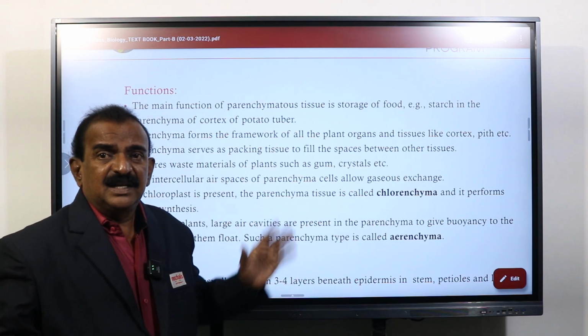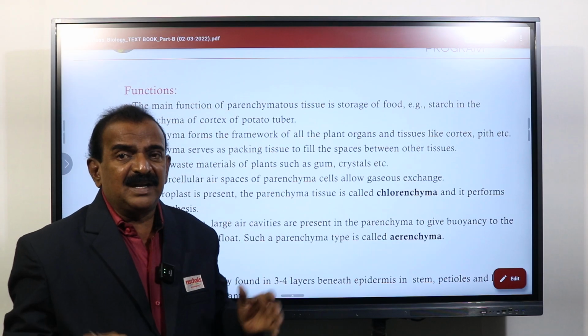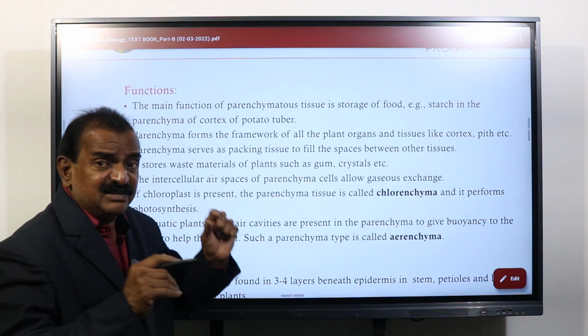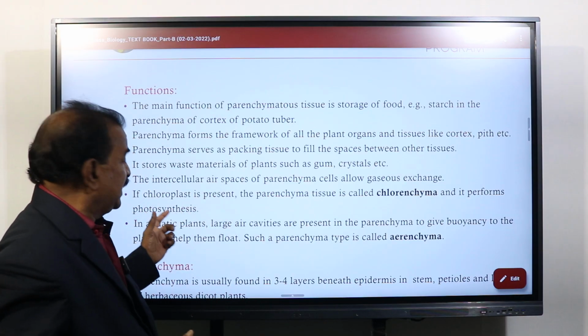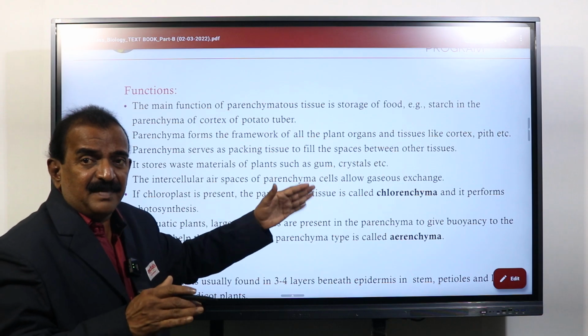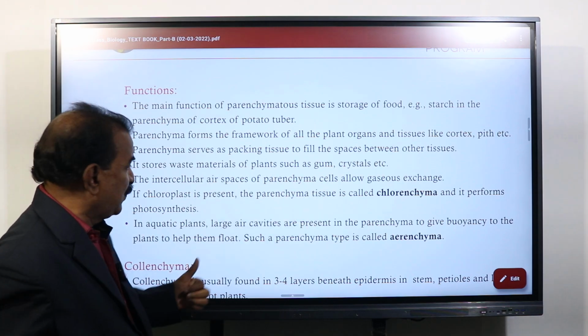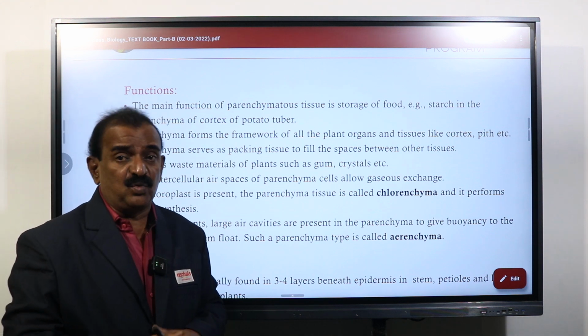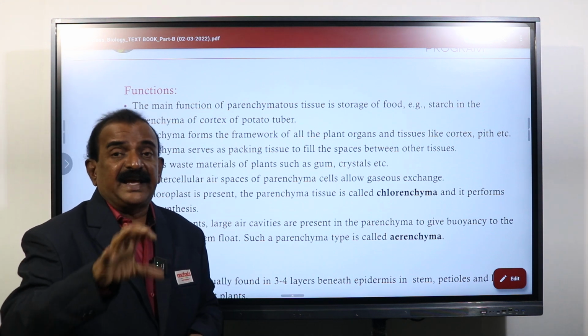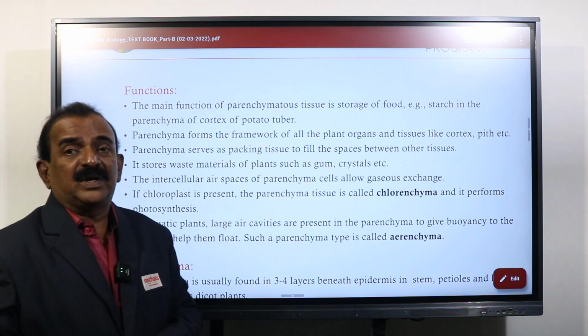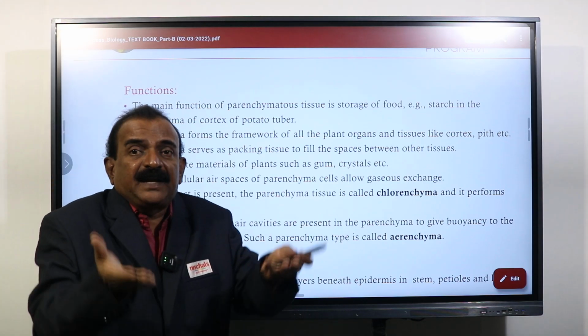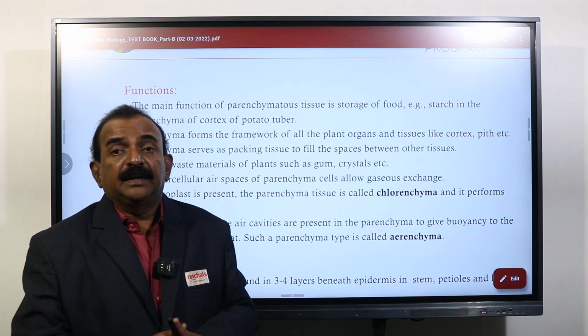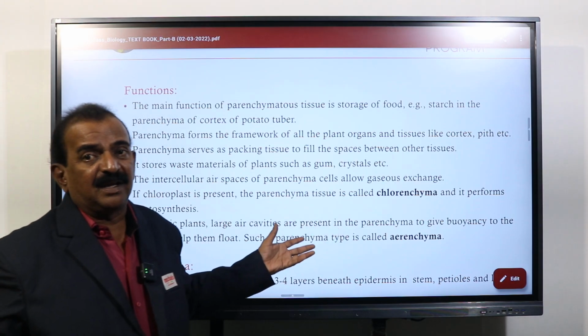That is the reason this tissue has abundant intercellular spaces, and thin walls. If chloroplasts are present in the parenchyma, they perform photosynthesis and prepare food. Aquatic plants, the plants which grow in water, have thin stems, and these plants float on the water because of the presence of this tissue, parenchyma.